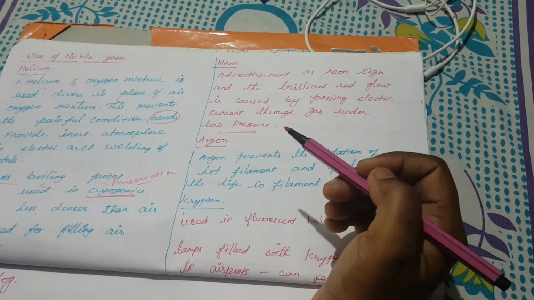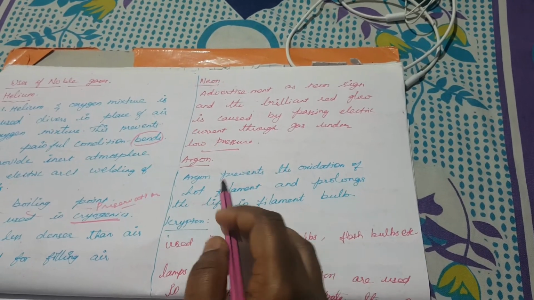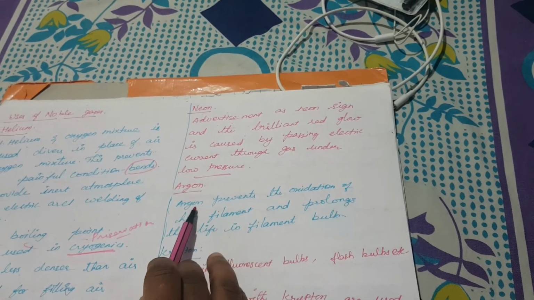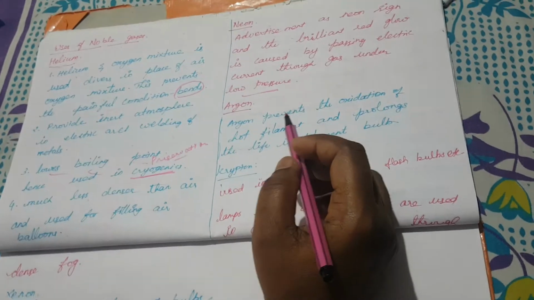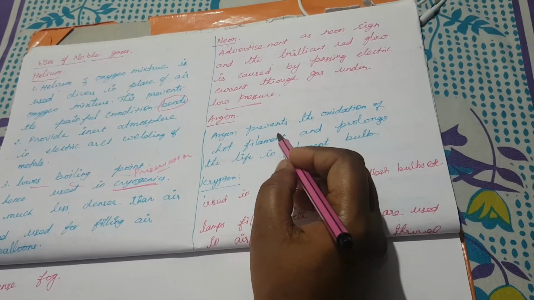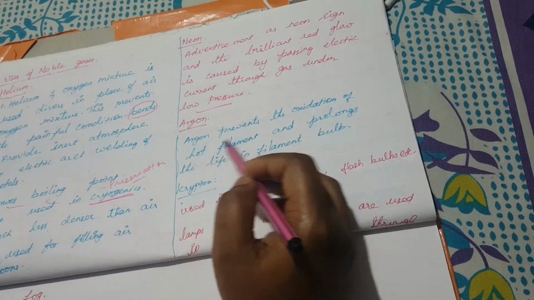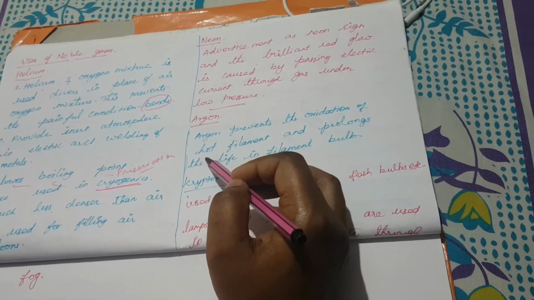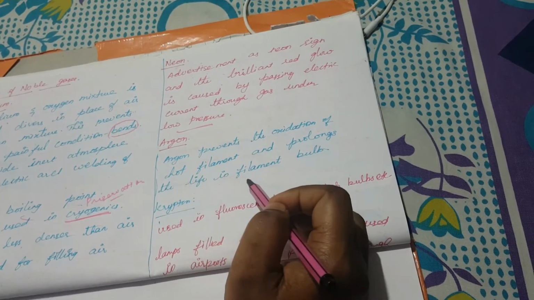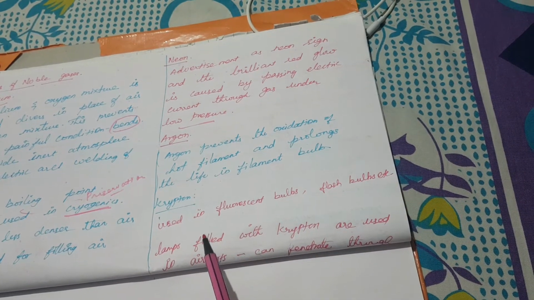Another one is argon. Argon prevents the oxidation of the hot filament and prolongs the life of the filament bulb. A normal light bulb uses a tungsten filament, but when argon gas is filled in, the filament life is prolonged. Another one is krypton.